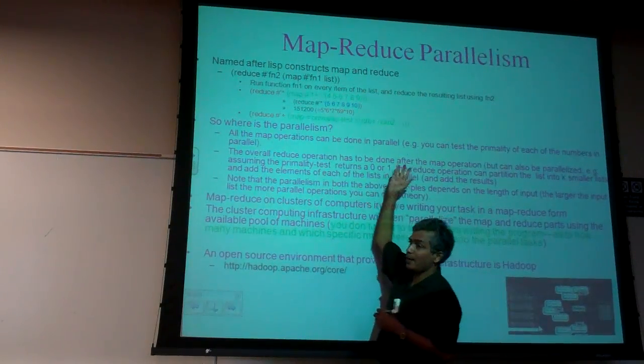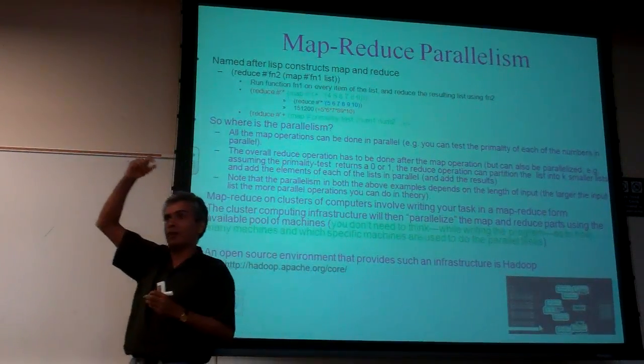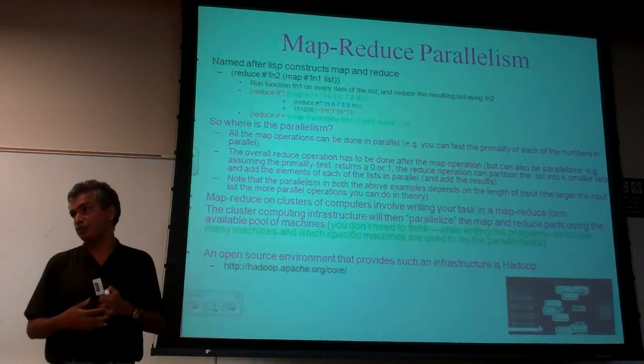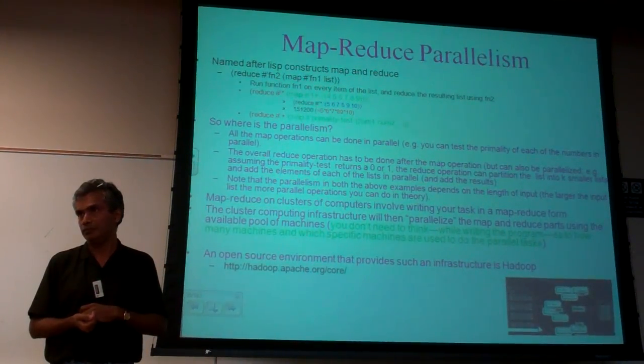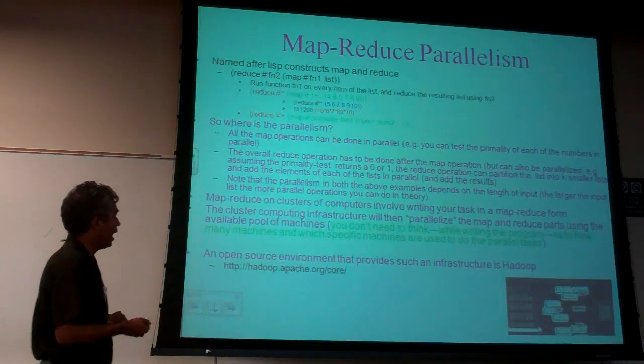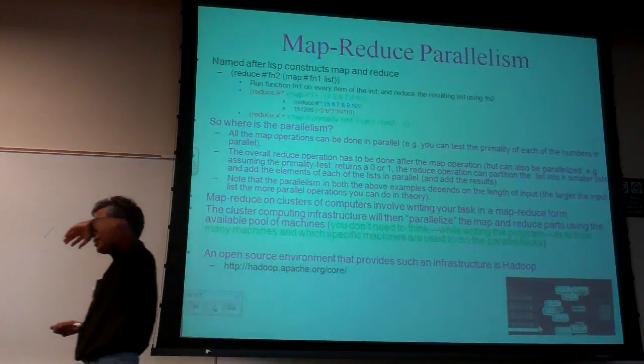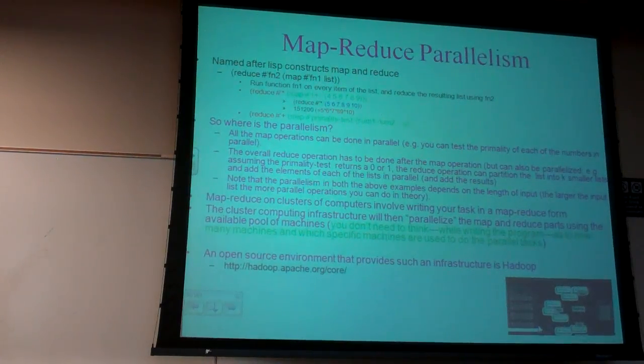As the primality test results are coming, the corresponding reduce operation can start doing its work. In general, you expect the number of machines doing the map to be more than the number doing the reduction. That was certainly true in my biology analogy, but that's not true in general.